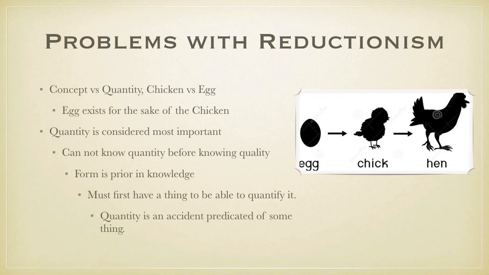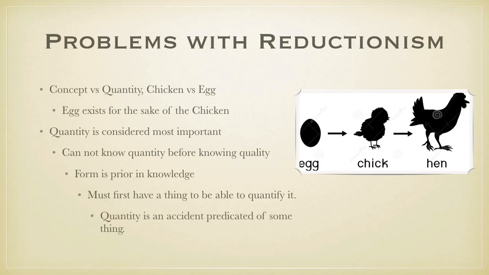For even if the first actual egg existed before the first actual chicken, it is a chicken that must pre-exist because the egg only exists for the sake of one day becoming a chicken. Thus, the concept of chicken must exist before one can create an egg actually or conceptually.